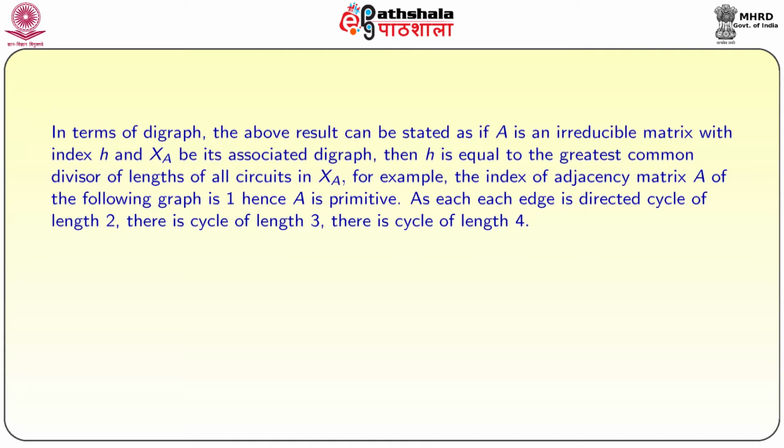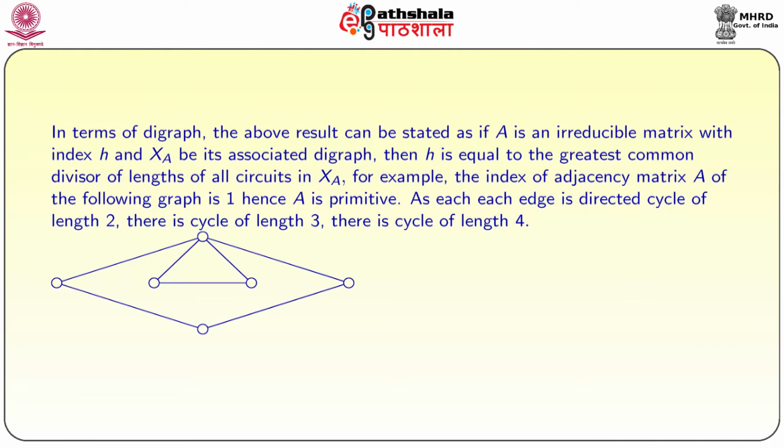As each edge is a directed cycle of length 2, there is a cycle of length 3, and there is a cycle of length 4 as well. That is why the adjacency matrix of the following graph is a primitive matrix. So, we provided an example of a primitive matrix.